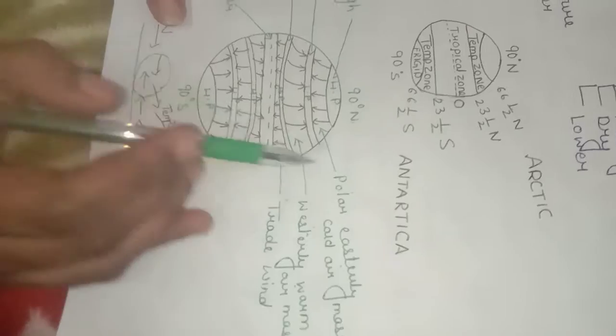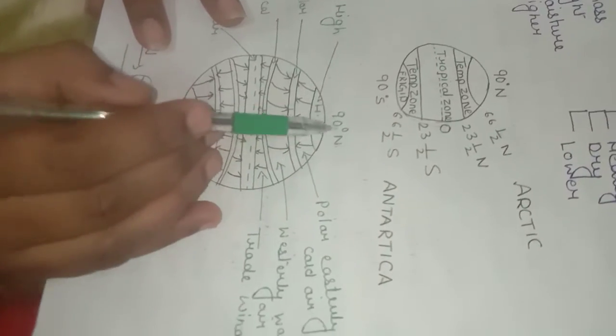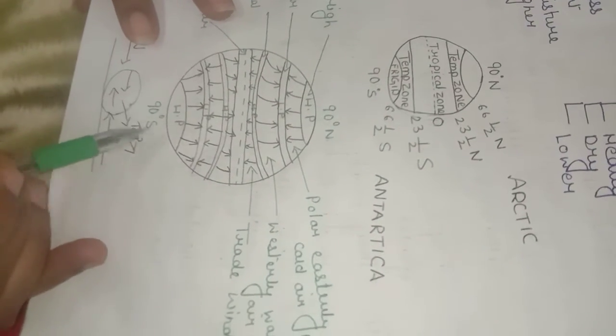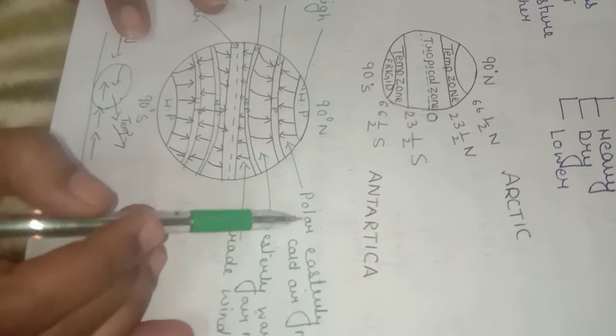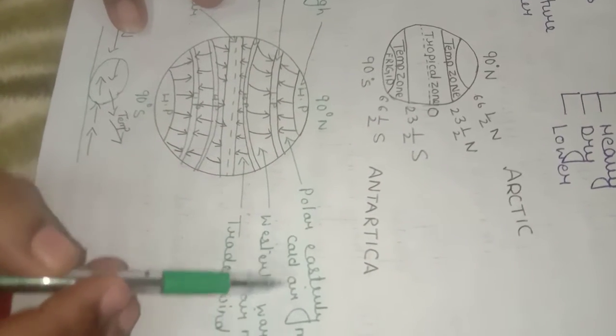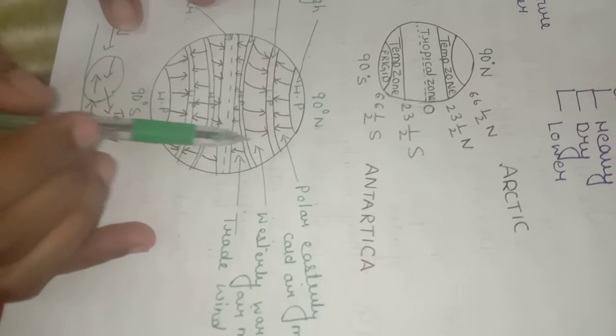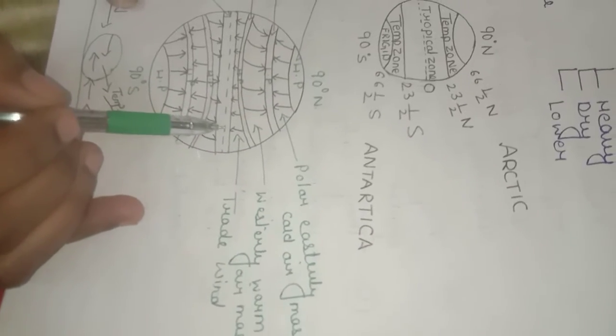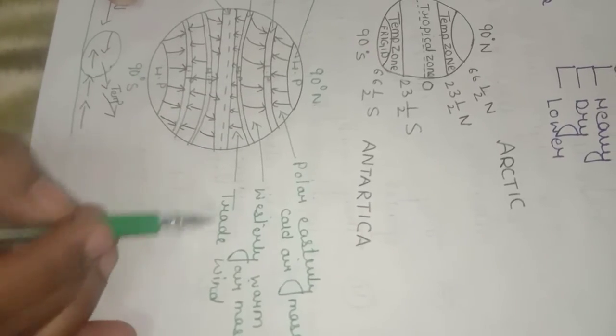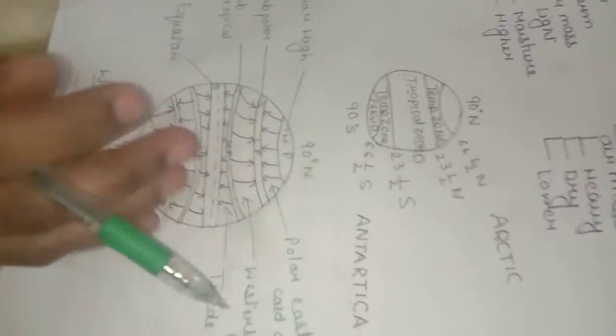So we discuss only the second diagram. Okay, here is 90-degree north, 90-degree south. The arrows coming down are polar easterly, cold air mass, and the arrows going upward are westerly, warm air mass, and the one going down on the equator side is the trade wind. Okay, now come to the left side.